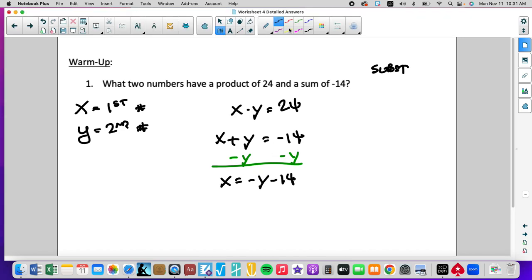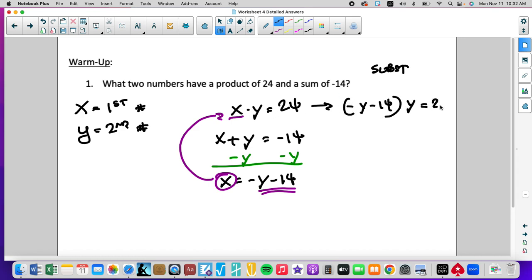And we're going to take this statement and substitute it in for x. So where we see x, we're going to put -y minus 14. So instead of writing x, we write (-y minus 14) times y equals 24.